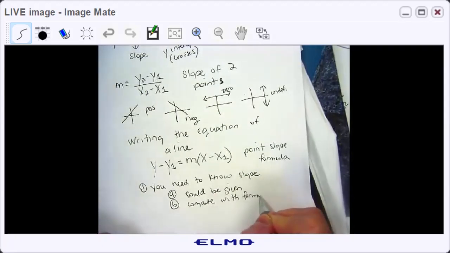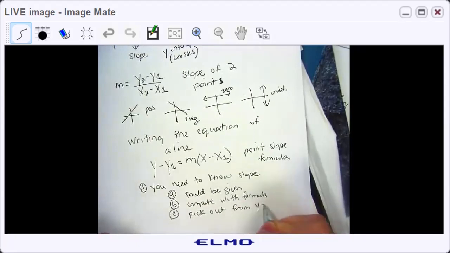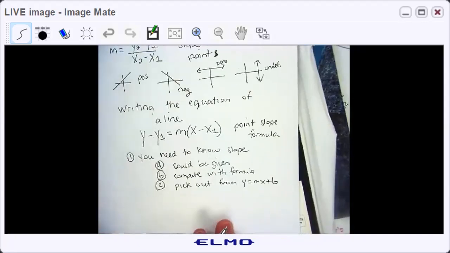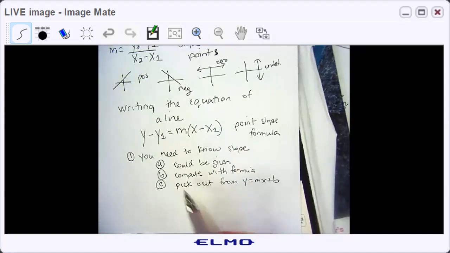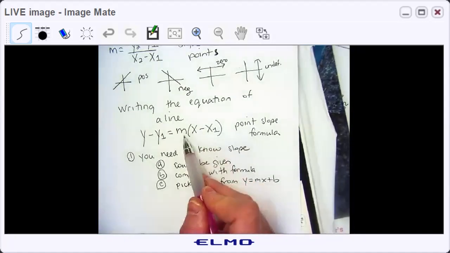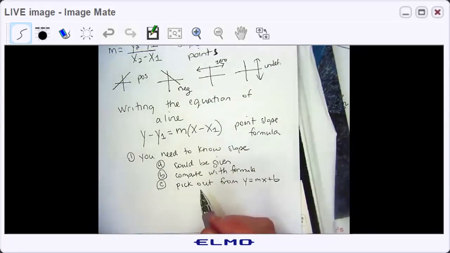Or they might actually give you the equation in y equals mx plus b, and you can pick it out from there. But regardless, if you're going to use this point slope formula, you have to have your slope to go in to this spot right here. The point x1, y1 should be given to you. So that part you're not going to have to worry about.